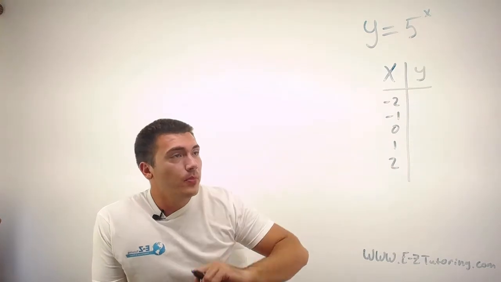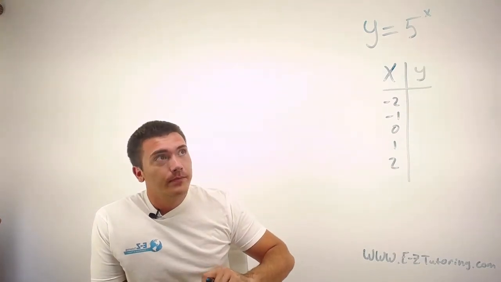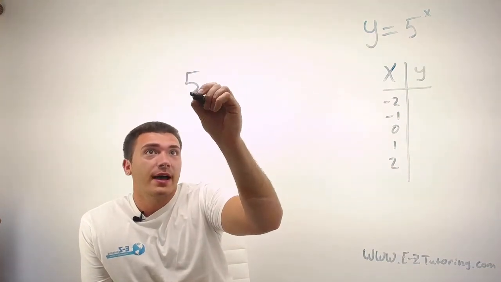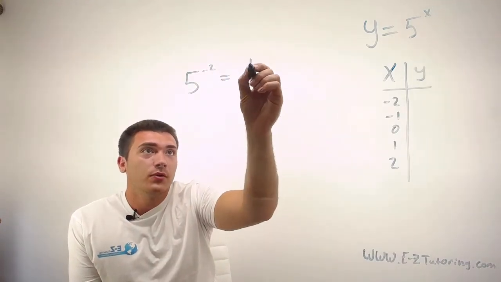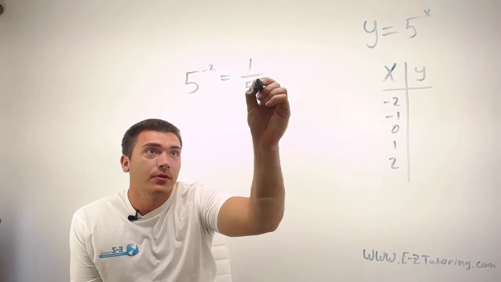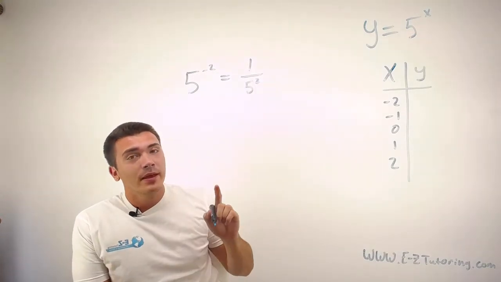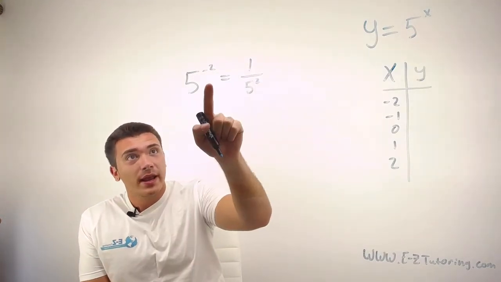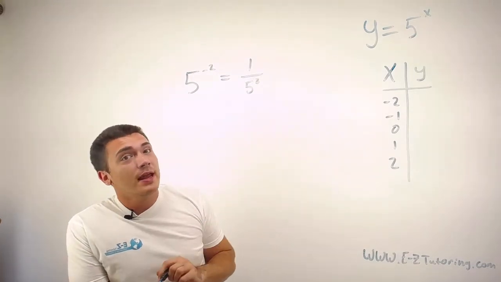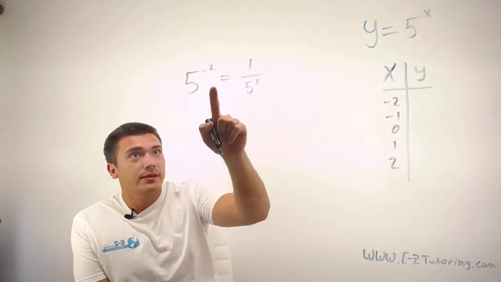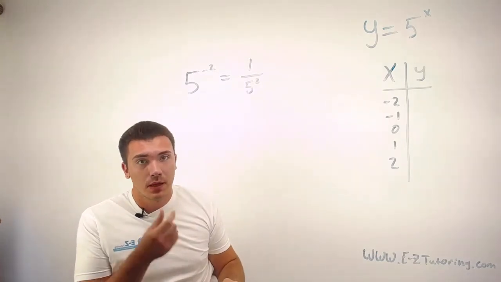So if we plug in -2, that gives us 5 to the -2, which is really equal to 1 over 5 to the +2. This is because whenever you flip your number, your exponent turns negative. Or in this case, it turns from negative to positive.